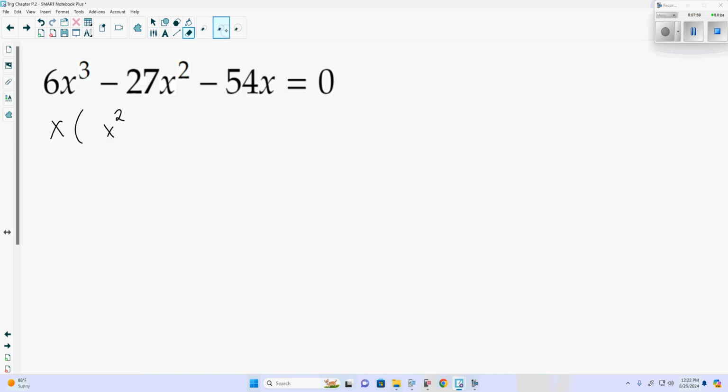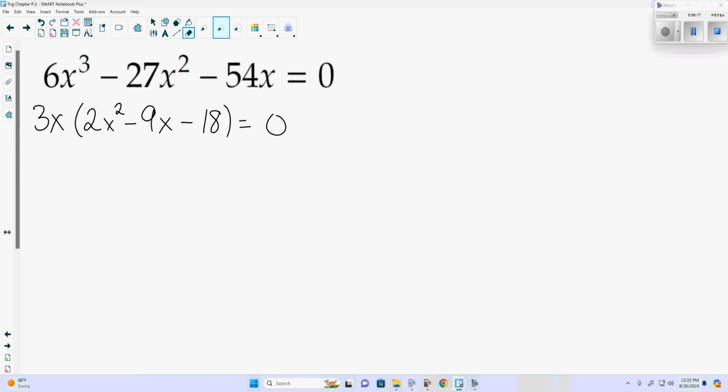Because as much as I'd want it to be 6, 3 is the only one that goes into 6x cubed, which would give us 2x squared minus 9x minus 18. So we have 3x times our 2x squared minus 9x minus 18.